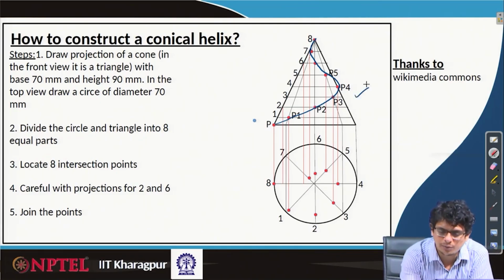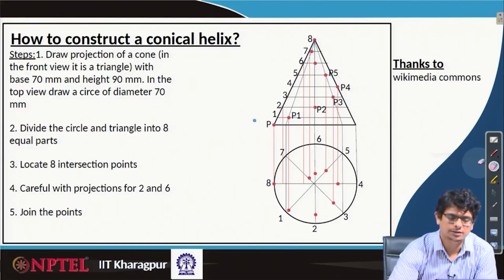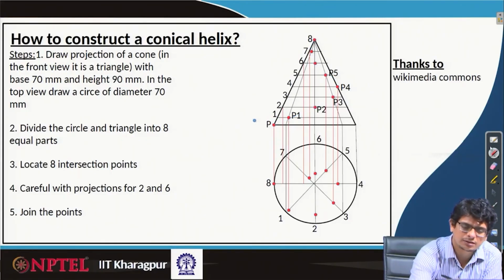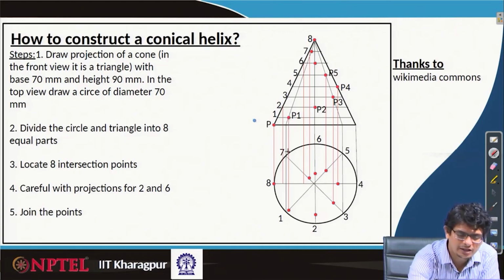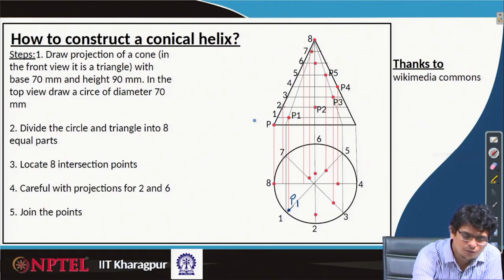For the bottom also, bottom view, from P, if we are dropping a perpendicular line, it is going to intersect the first line at this point; locate that first point P1. Extend this P2 all the way from one of the generator lines.